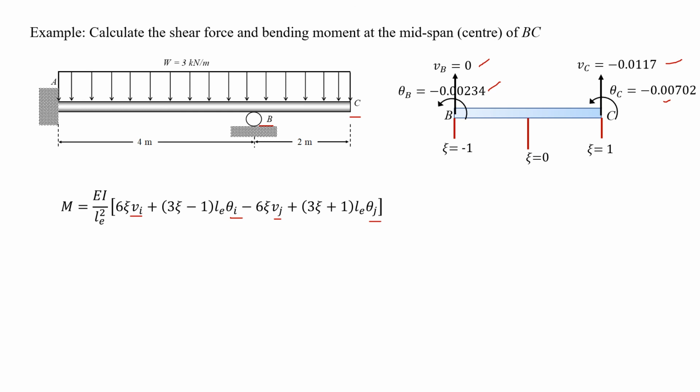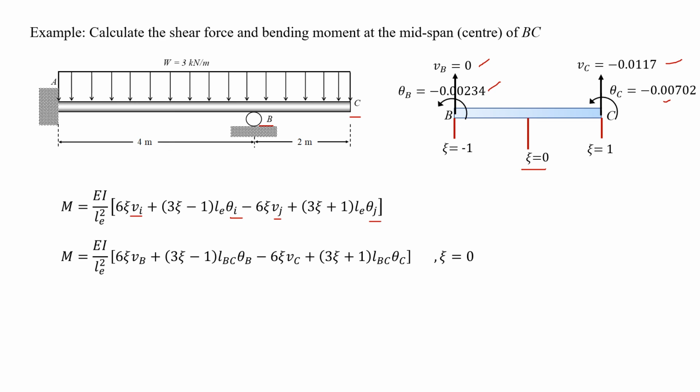As the question asks to calculate the moment and the shear force at the middle of BC, we know that at the middle of the element the natural coordinate is equal to 0. By knowing all these parameters, we can expand the moment equation.